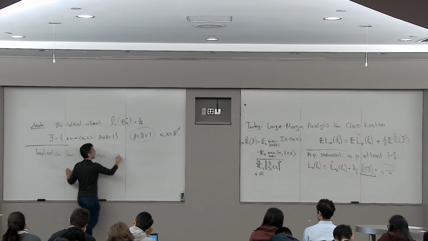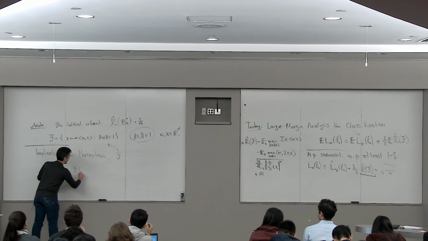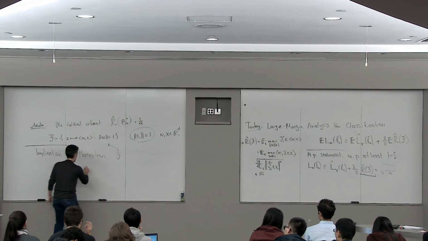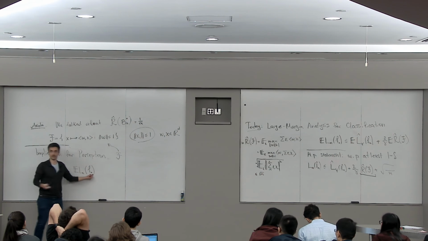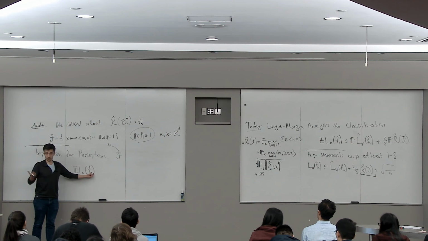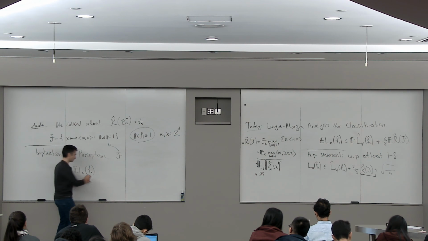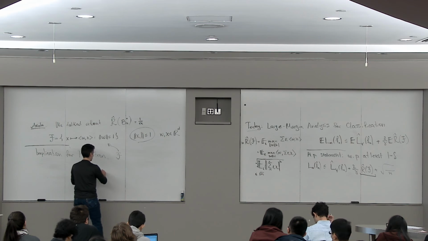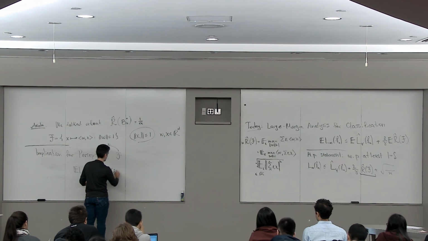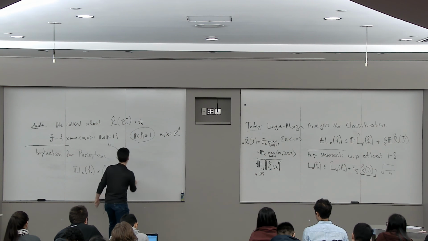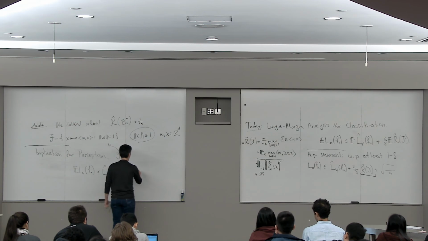The class F is this class, and we get the expected L01 of f hat, which is really our perceptron, but this will work for any hyperplane, is upper bounded by the number of gamma mistakes plus 2 over gamma times 1 over square root of n.